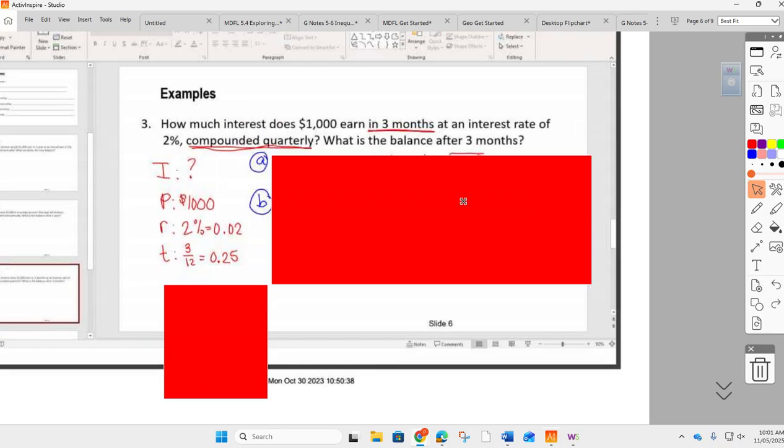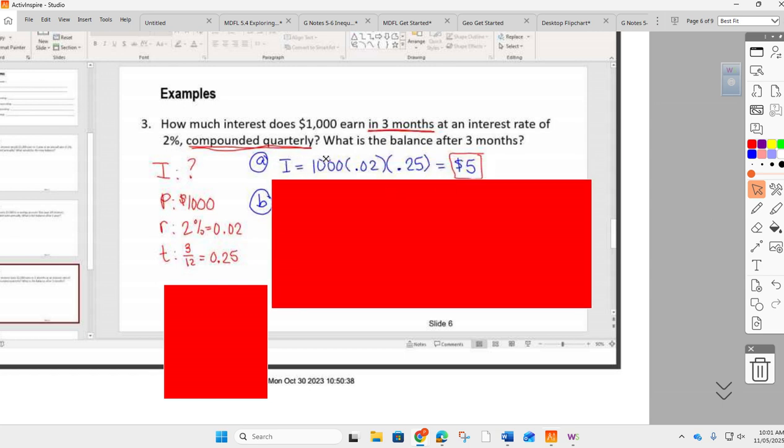Okay, so we're going to plug in. We want to know how much she earns in interest, and then what is the balance after 3 months. So we're still plugging into I equals PRT.